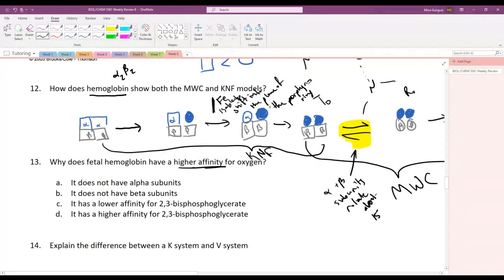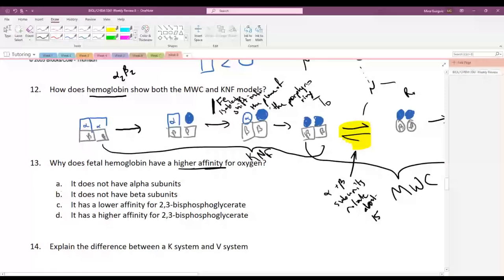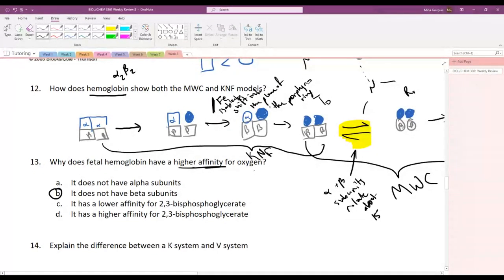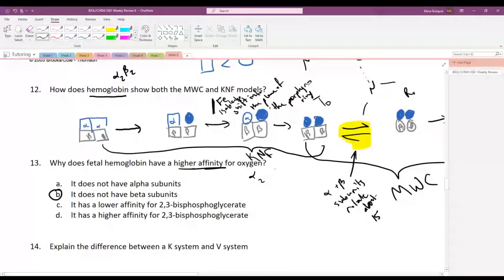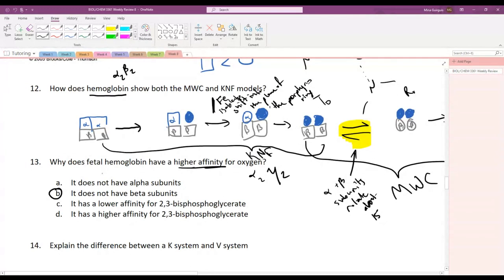So because of that, it has to have a higher affinity for oxygen. Why? There are actually two reasons, and there are answers here. The first is B. So fetal hemoglobin is alpha 2, gamma 2. Okay, it does not have beta subunits, it has gamma subunits. Now those gamma subunits have a lower affinity for BPG, and BPG is 2,3-bisphosphoglycerate.